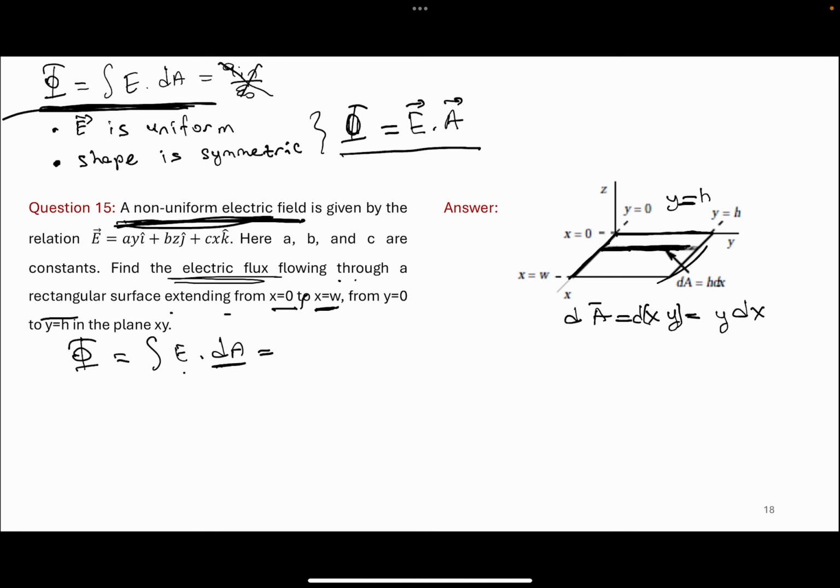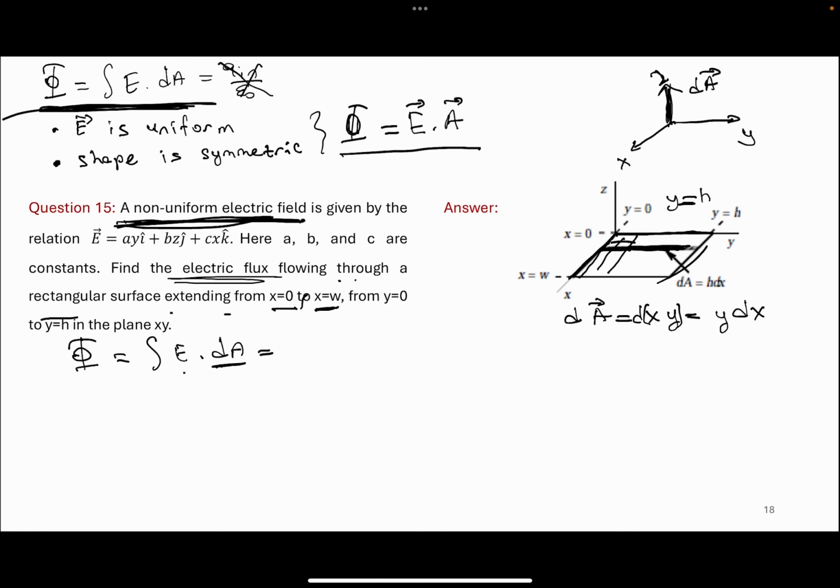Also, I need to describe its unit vector. What's the unit vector? Be careful. This is x, and this is y. I can say x and y. The A vector is always perpendicular to that surface. So the A vector must be on the z axis.